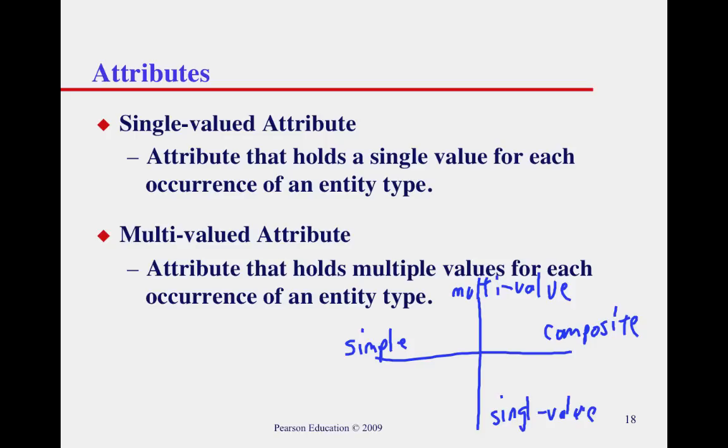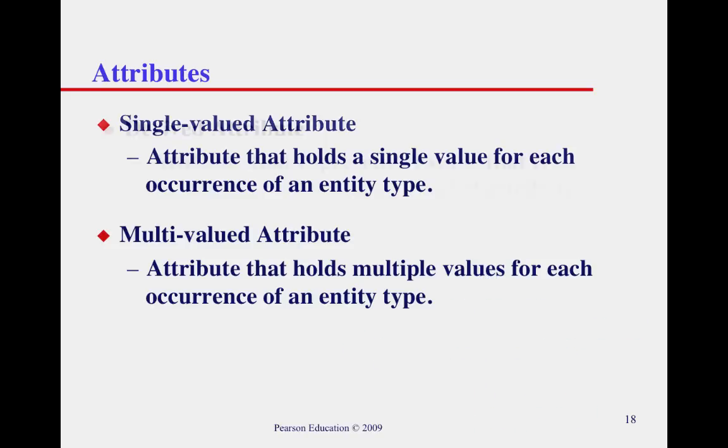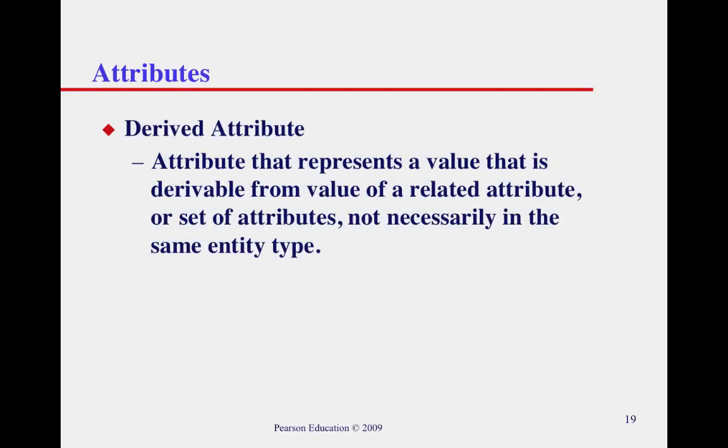We had to extract the multi-valued attribute out into a separate relation. So that's a second example where you end up with a relation that's actually not an entity. It's actually a multi-valued attribute that it's representing.